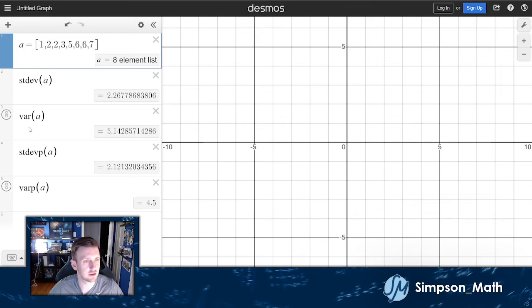And then here are the formulas for the sample standard deviation and variance, and then the population standard deviation and variance. Notice the difference between the population and the samples. The population has an extra P tacked on. So it's VARP or STDEVP, that P for population.